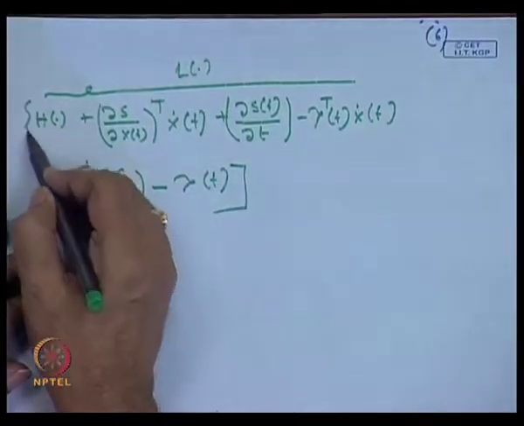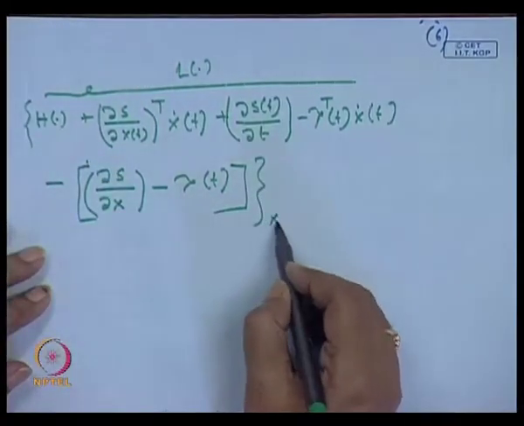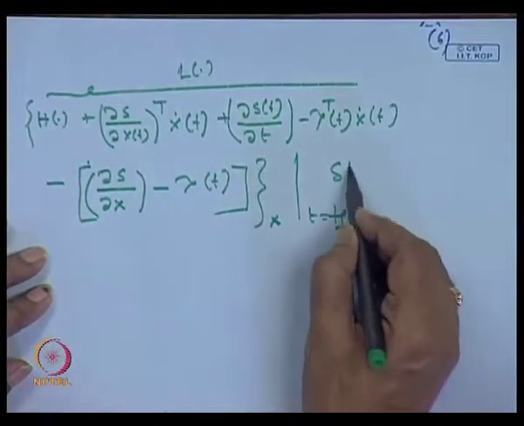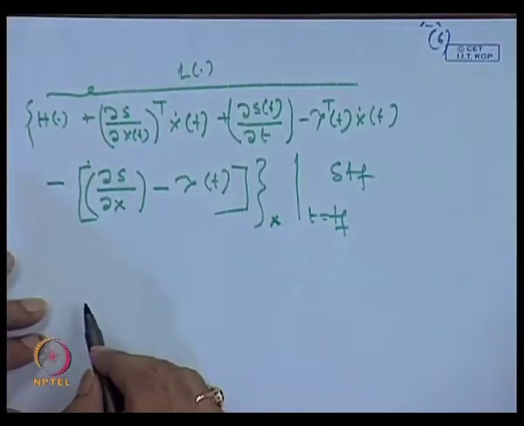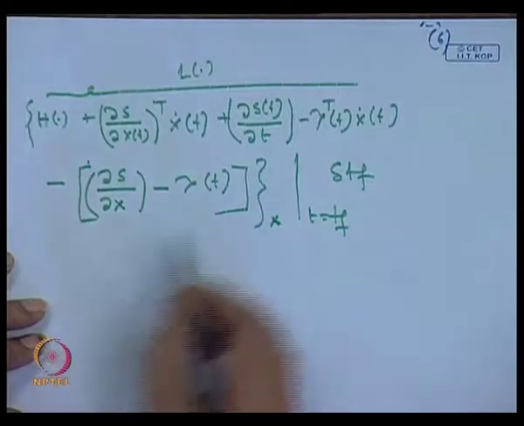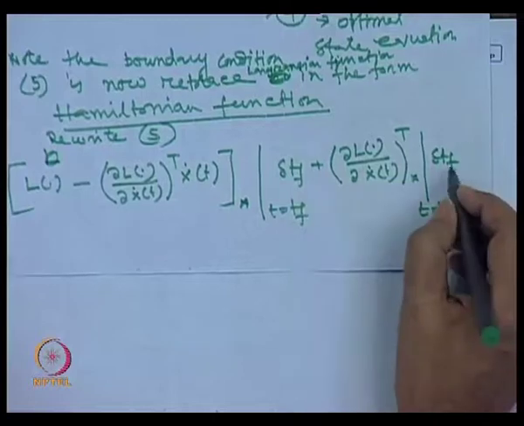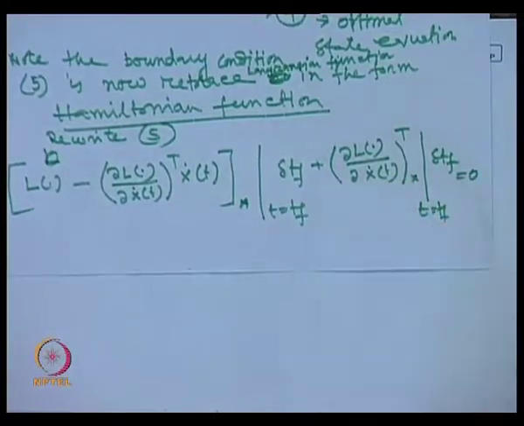Then star T is equal to T f delta T f, plus again this term, which is equal to 0 because of our boundary conditions.